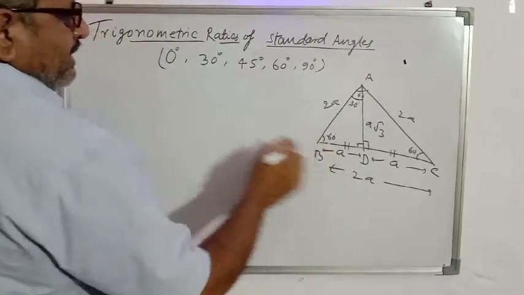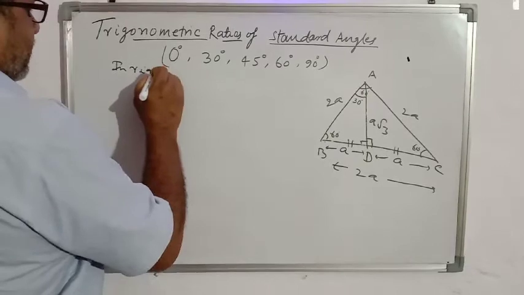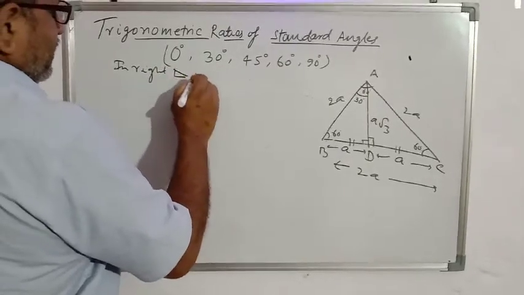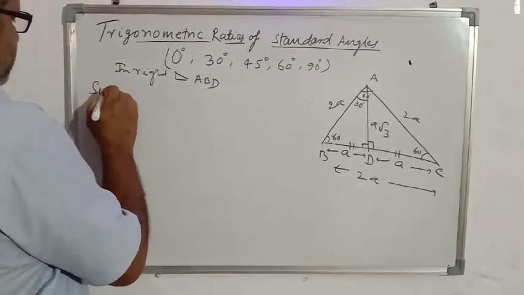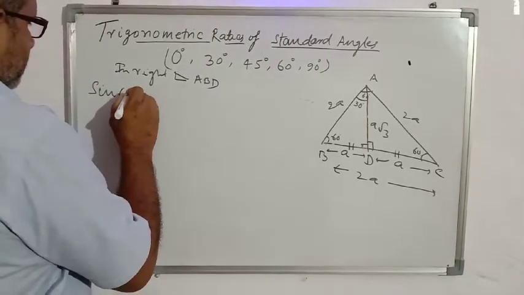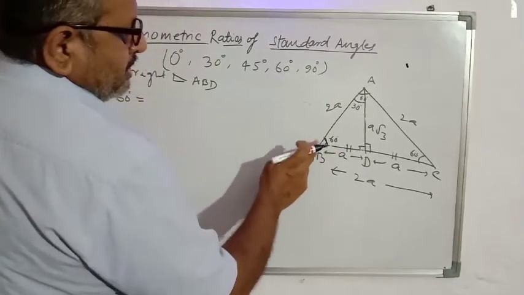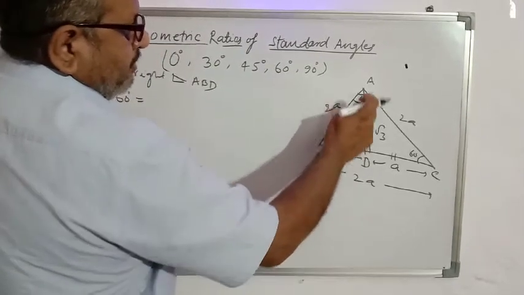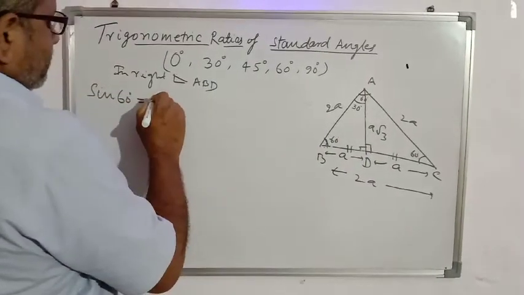So in right triangle ABD, sine 60 degree. 60 degree means this angle, angle B. So the side opposite angle B will be the perpendicular. This is the base and this is the hypotenuse. Sine 60 is what?